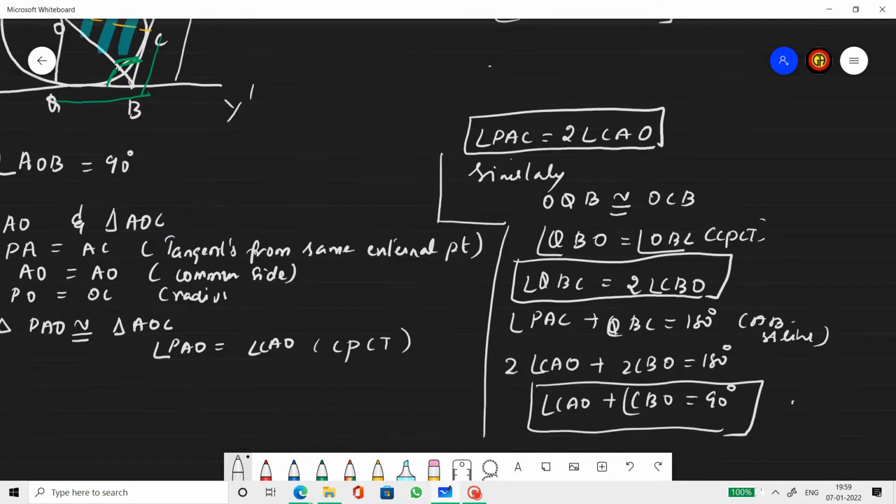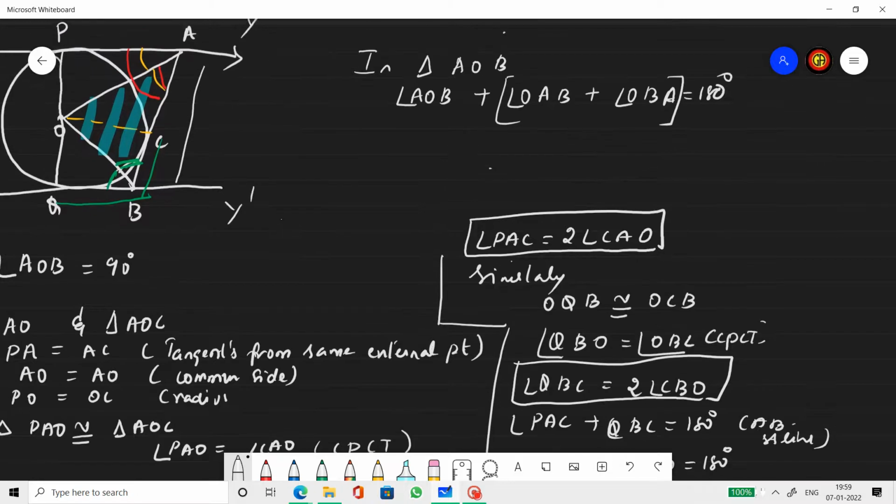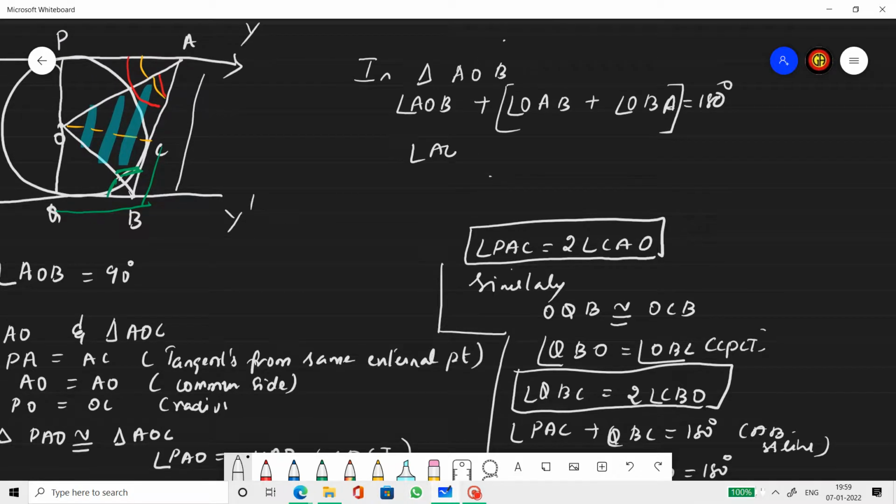So applying this over here, angle AOB plus 90 equals 180 degrees. So angle AOB equals 90 degrees. Proved.